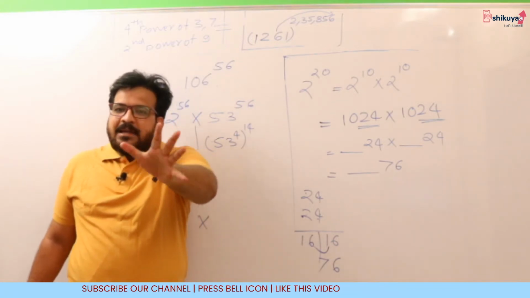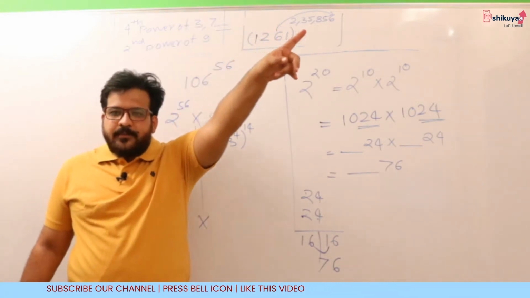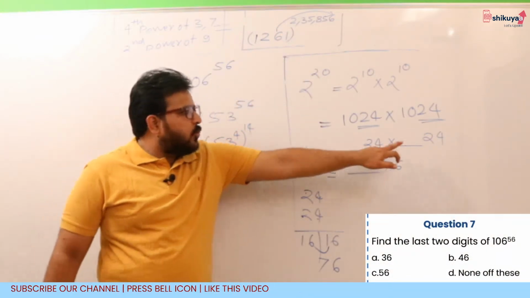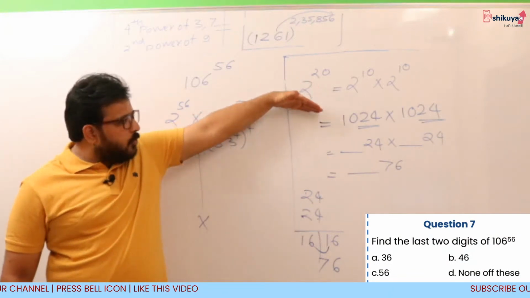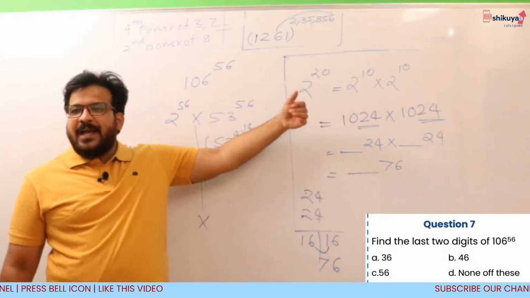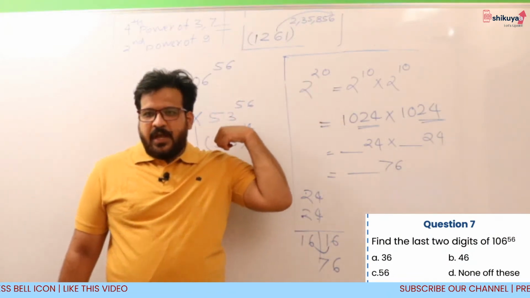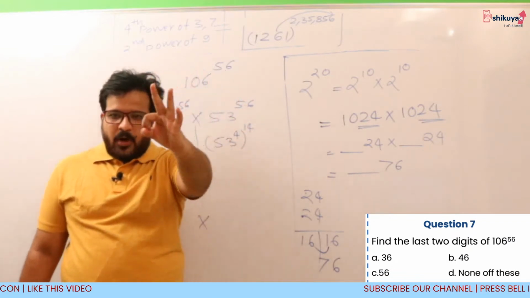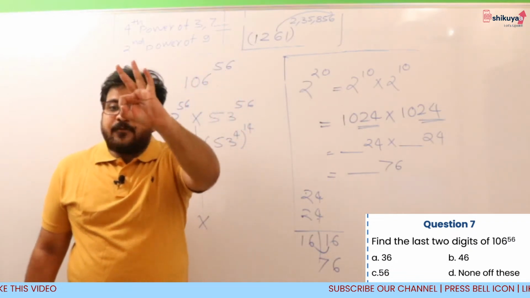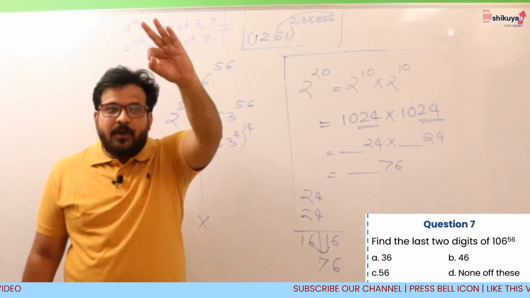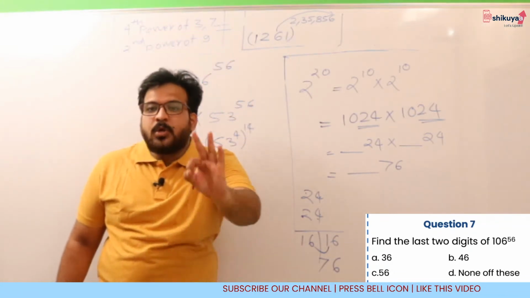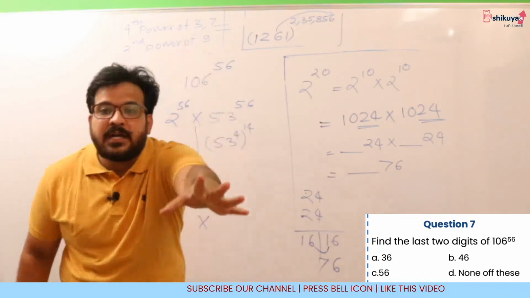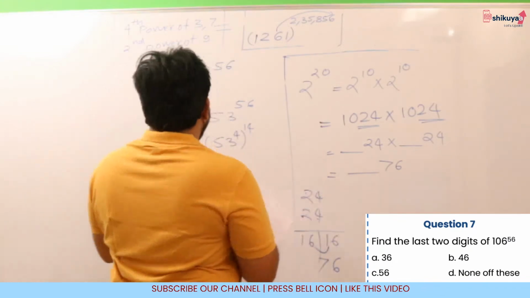If you add them, they give you 100. 24 into 24 gives 76. We have a lot of use of this concept while calculating last 2 digits. Everybody in the class, are you getting my point? Perfect, Misbah. Now if I ask you to calculate 2 raised to 30, what will be your answer?